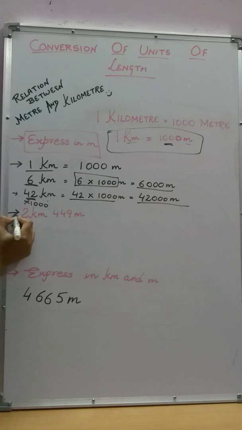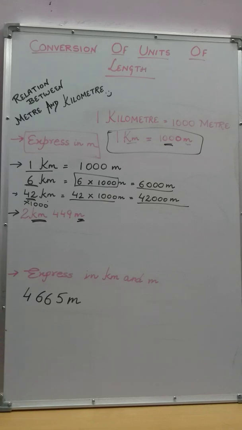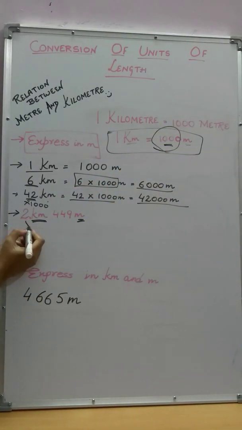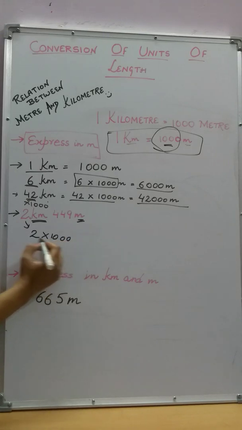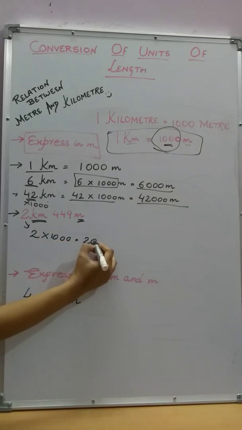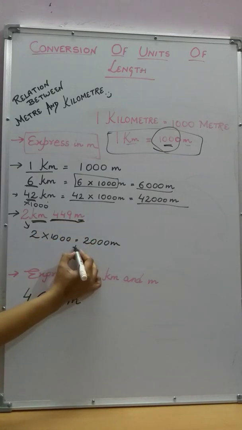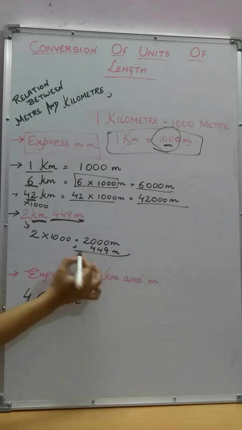Let's see the next example. Here we have kilometer as well as meter. So what to do? To change kilometer into meter, we have to multiply by 1000. So it will change into 2 multiply 1000. So 2000 meter and this we are going to add, plus 449 meter.